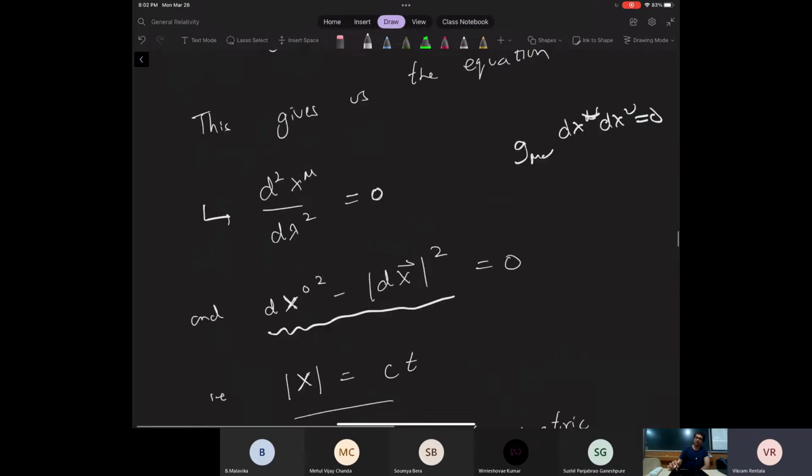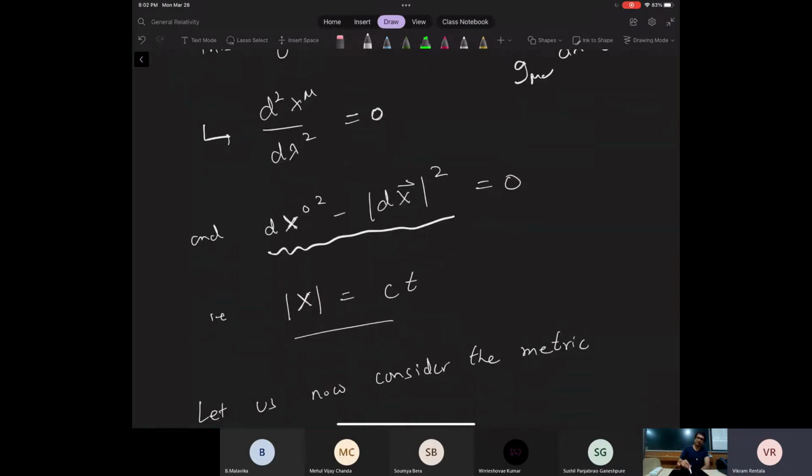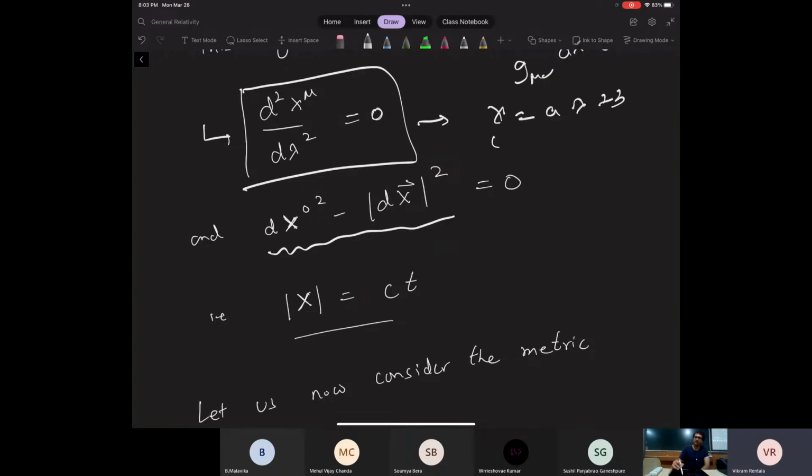In other words, if I solve this equation, this will still give me a linear equation. Remember, x is equal to a times lambda plus b, t is some a prime lambda plus b, or it'll just tell you that t is linearly related to x.